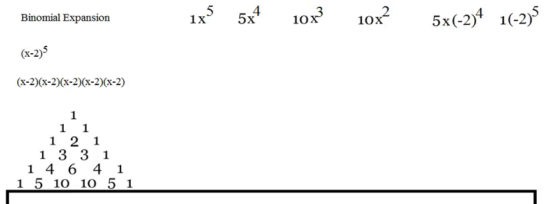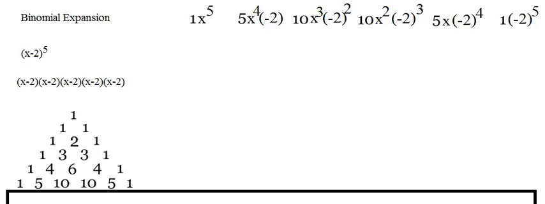Then I will do negative 2 to the power of 3. And here I have negative 2 to the power of 2. And lastly, negative 2 to the power of 1. And this would be negative 2 to the power of 0, which I don't have to write at all.